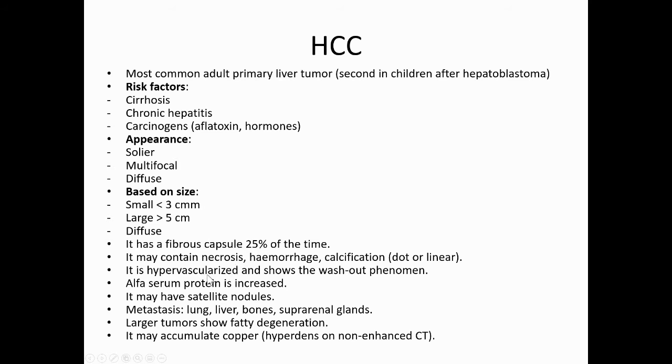It is hypervascularized and shows the washout phenomenon. It is very, very important, and it loves metastasizing into the liver and lung, and some of the lesions will contain fat within them and copper even, and all of this knowledge can be used for diagnosis.